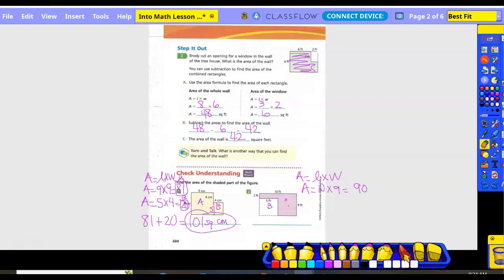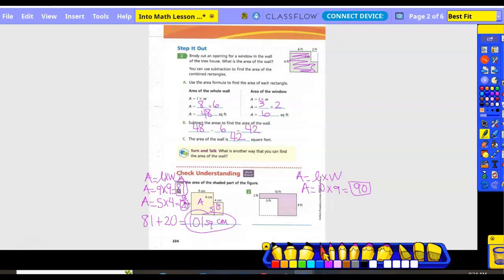So actually, we don't need to label these as things because is that truly the whole area? No. Okay, so that's for one of our pieces that we're going to use, right? Now we need to find the area of this box that they etched out, right? So one side is 5, okay?